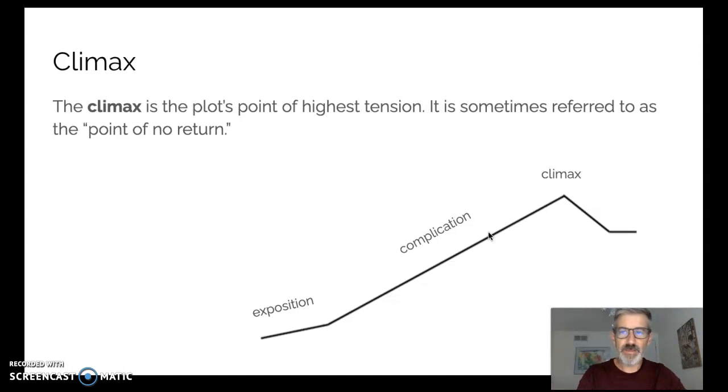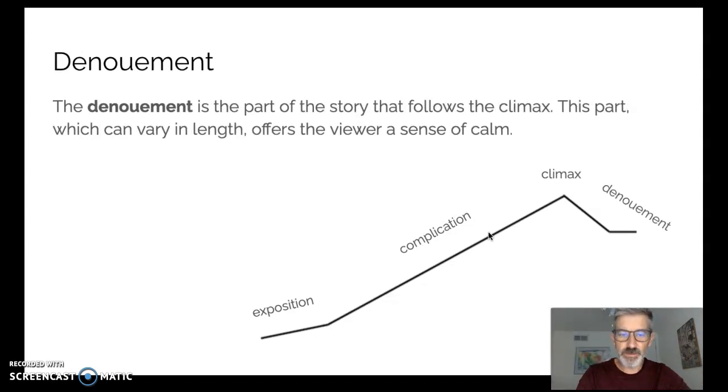The last part is a French term known as denouement. This is the part that follows the climax, and it can vary in length, but it offers the resolution to the story. What happens as a result of this climactic scene? In some cases it might present a sense of calm, but it ties all of the things together at the end of the story before we hit the rolling scroll with the credits.